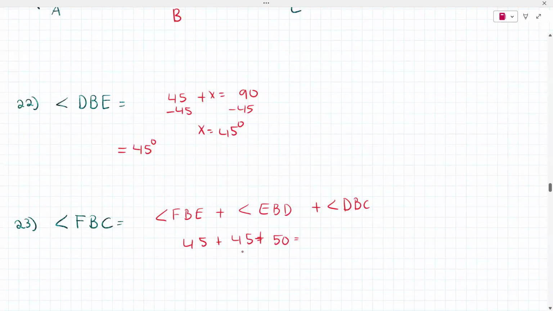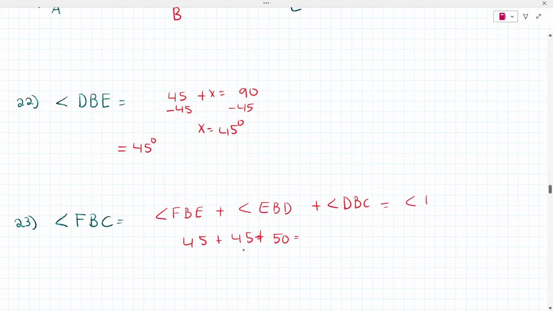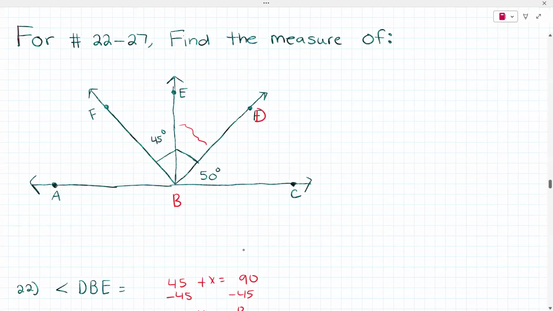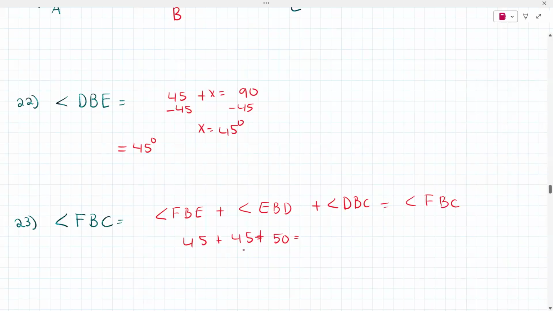So this is going to equal angle FBC. You just add them up and you get 140 degrees.